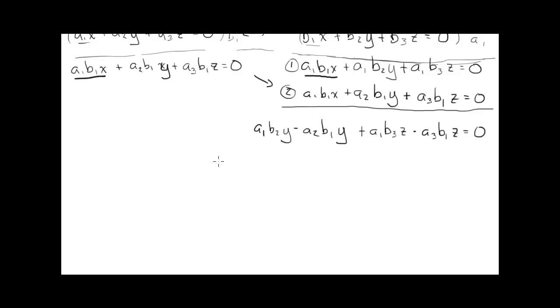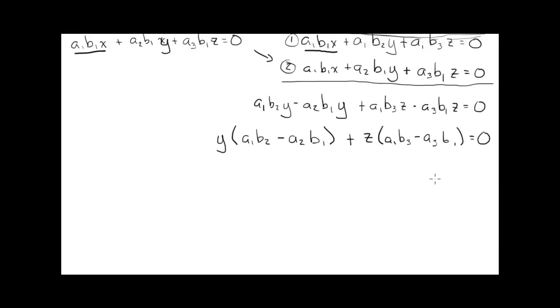Now notice I've got Y in both these terms, Z in both these terms, so I can factor. Y times (A1 B2 minus A2 B1) plus, and then factor out the Z, (A1 B3 minus A3 B1) is equal to 0.